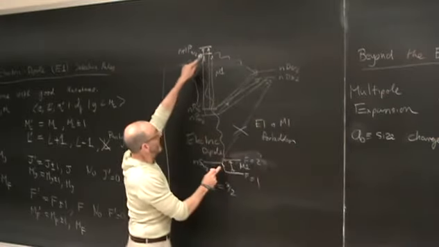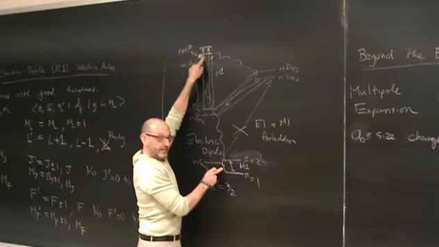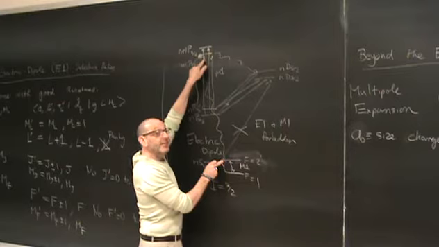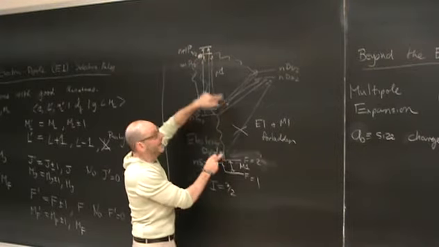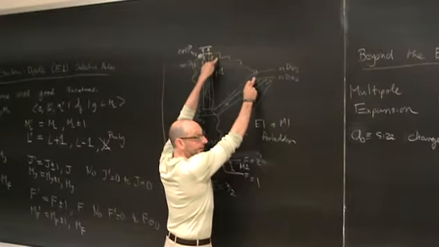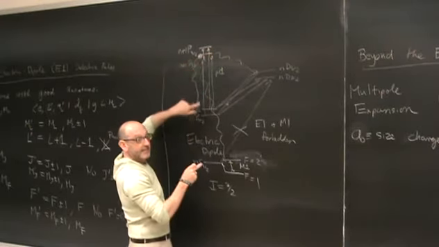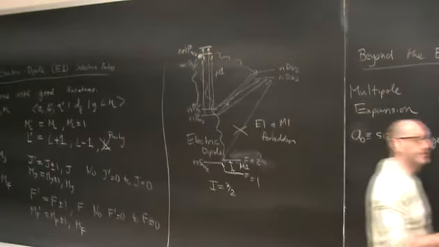However, this one has a much bigger energy difference. That frequency comes in as a cube in the Einstein coefficient. So this is going to be the dominant term. Next dominant will be this. And then there'll be some tiny fraction of the time that it decays down here.